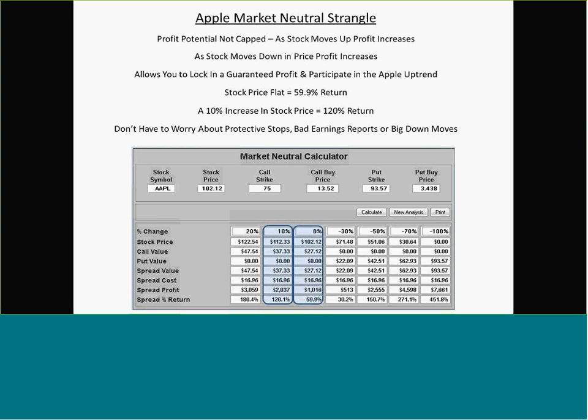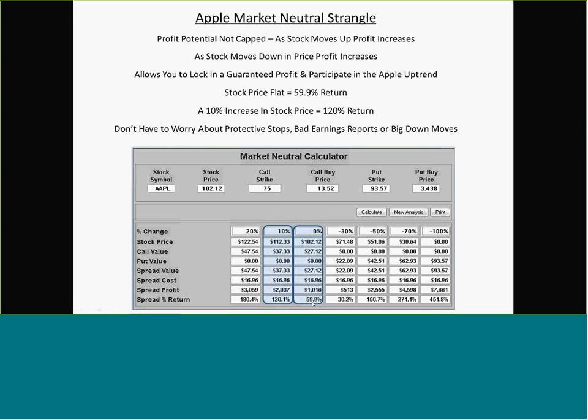So even though I give up a slight amount of the profit potential by purchasing that put, I'll still get a really good return. If the stock stays flat, I'm going to get a 59% return.